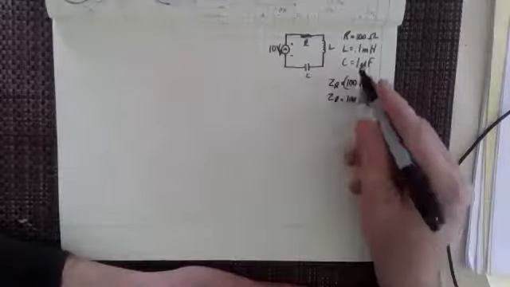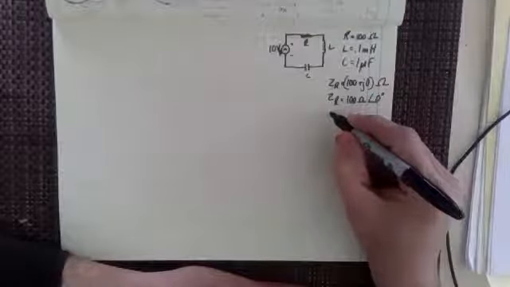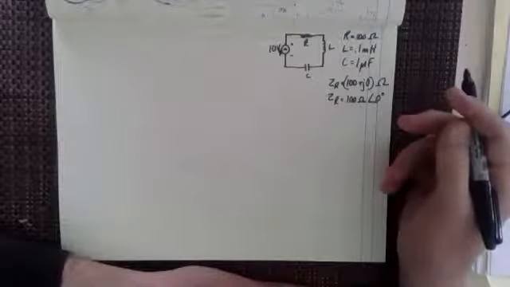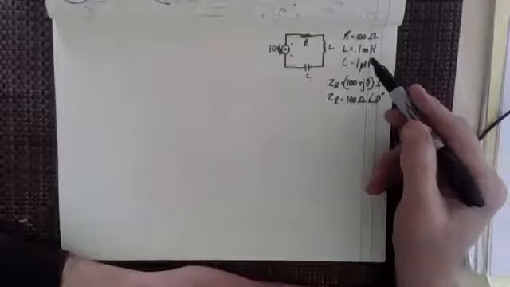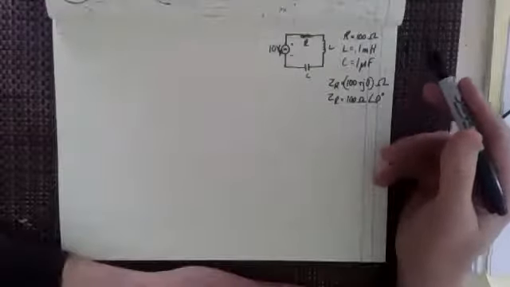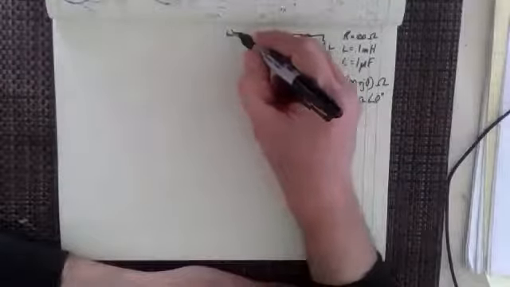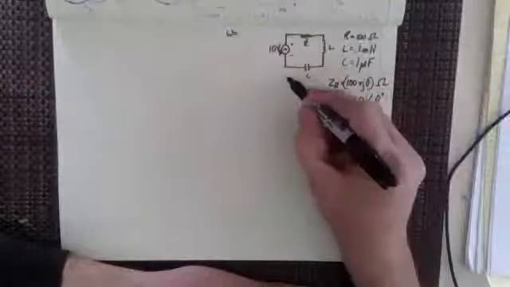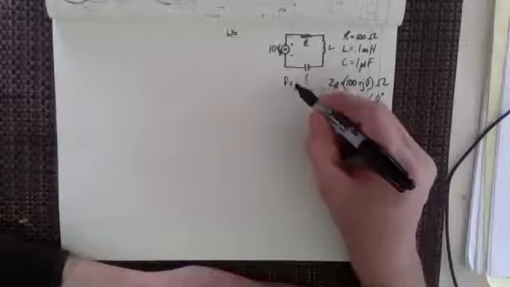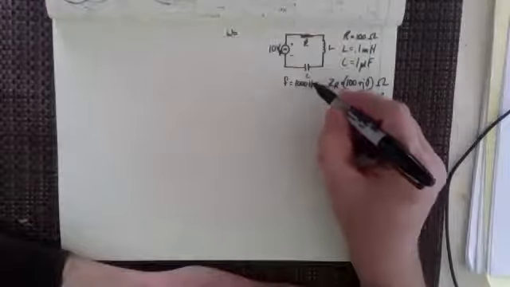Now let's look at the inductor. We know with the inductor that it's going to be 0 plus j omega L. So we really have to know what omega is, right? And I'm going to say that the frequency for this circuit is going to be 1000 hertz.